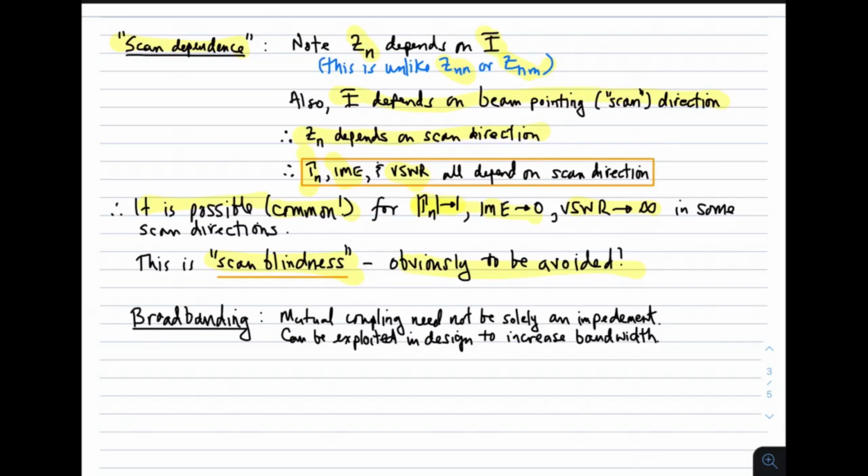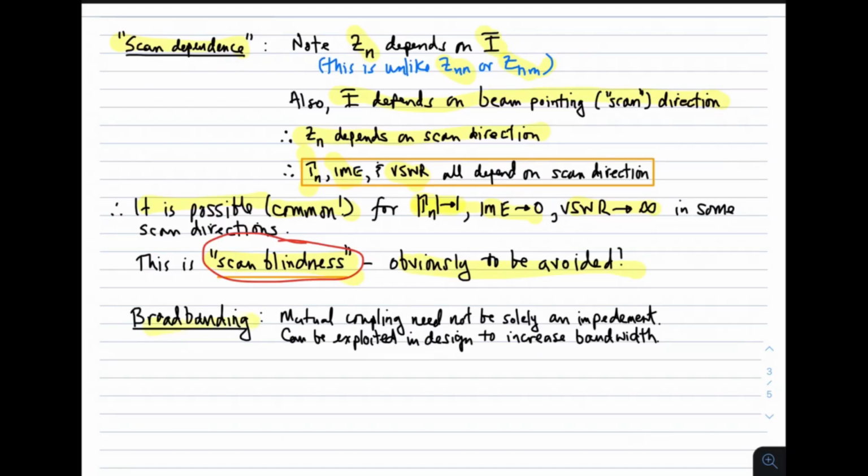And that's obviously to be avoided. So a big chunk of the effort in designing, in particular large arrays, is trying to avoid these conditions where you are either scan blind or you are getting close to scan blindness, because if you're close to scan blindness, you are certainly not efficiently using the power being provided by the transmitters.